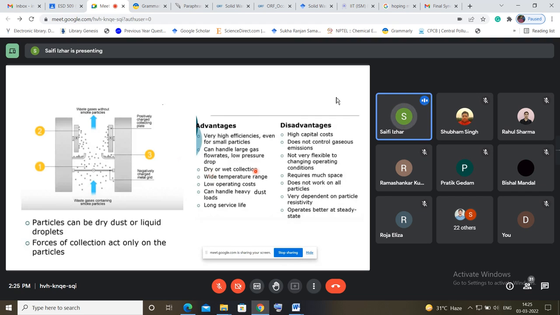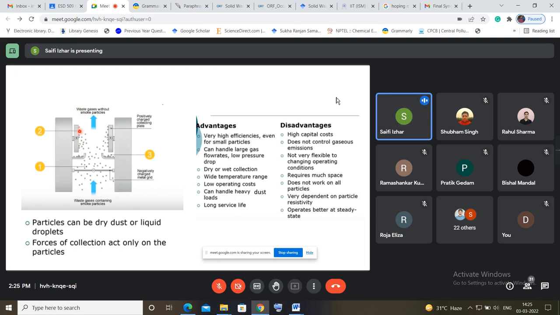And dry or wet collection: once they are attached to the collector plate, either they can be shaken or vibrated so that the dust can be collected, or water can be sprinkled along the surface of this collector.